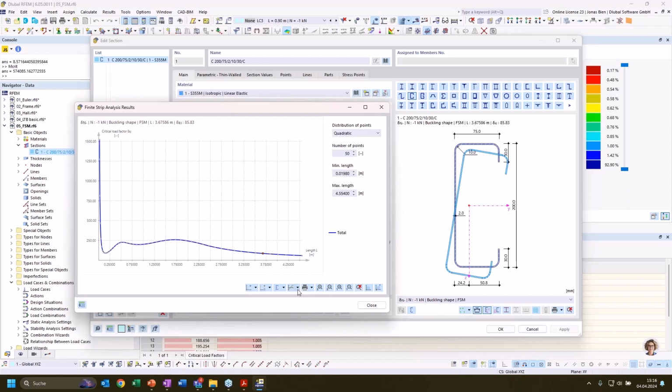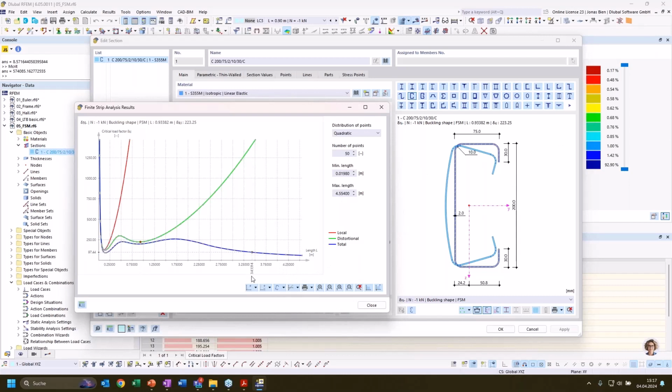And we have also the possibility to differentiate between these different failure modes here. So between local buckling, which is characterized by the displacement or deformation of single cross-section elements, and distortional buckling, which is characterized by a bending deformation of the whole cross-section or of multiple sectional elements.